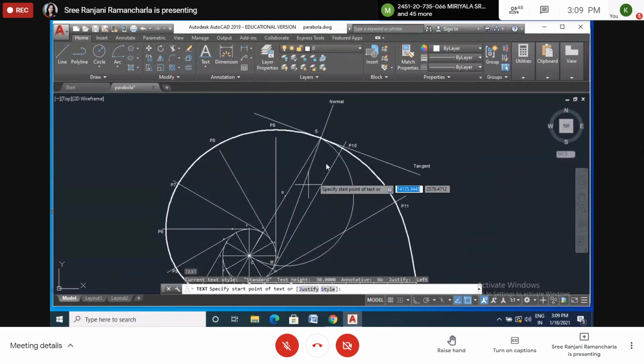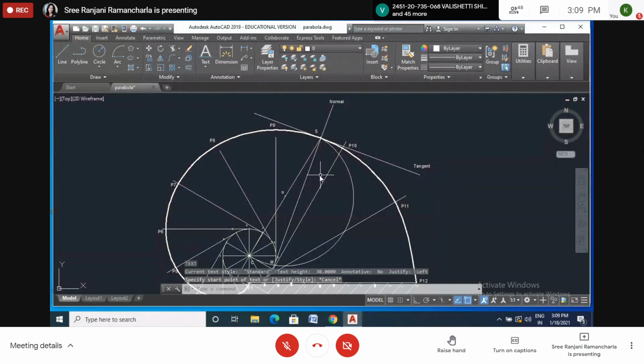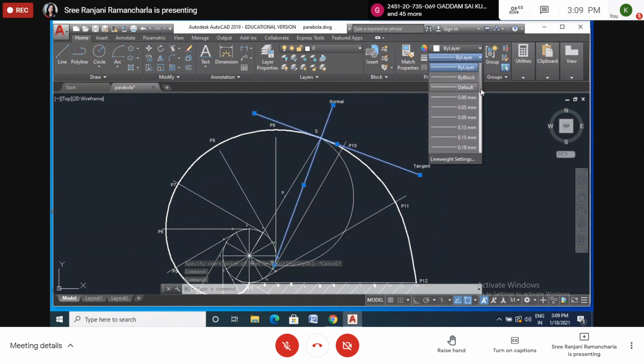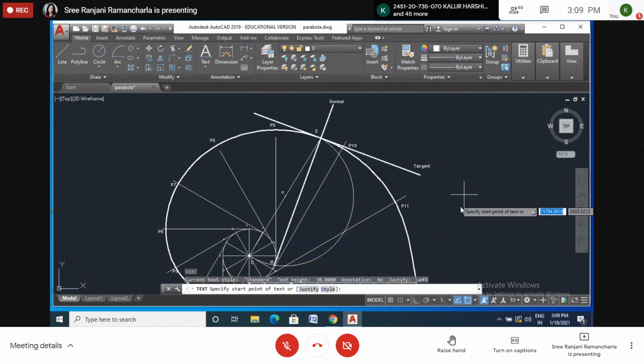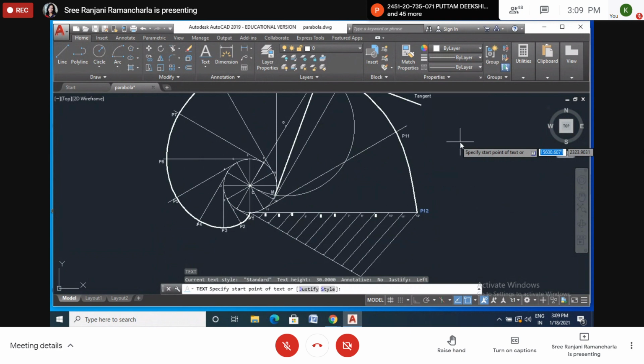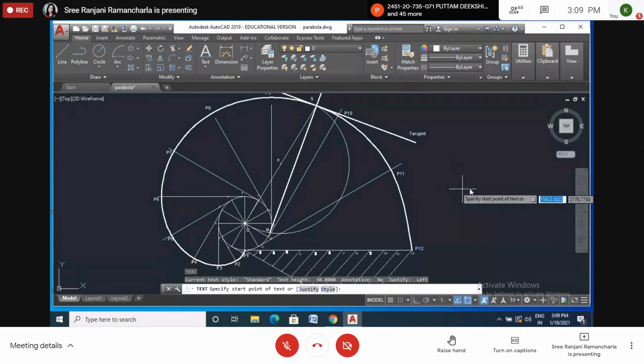This one is the normal and this one is the tangent. Now it's clear. So this is an involute of a circle.